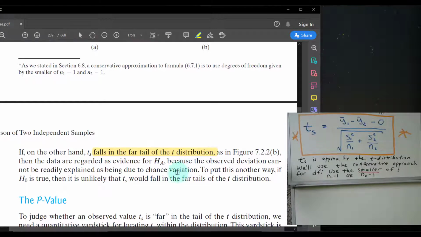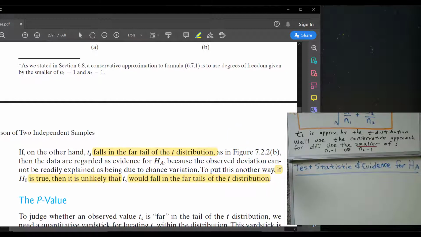It would be unlikely, if the null hypothesis were true, to observe such an extreme difference. And we can compute a probability for that chance.